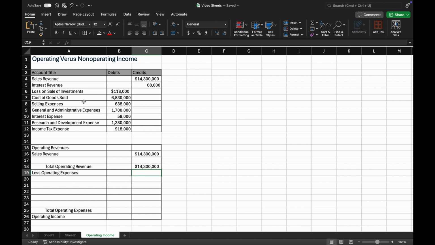So, cost of goods sold with a debit balance of $6,830,000. Selling expenses are operating expenses, so put that account in its debit balance of $638,000 under cost of goods sold.